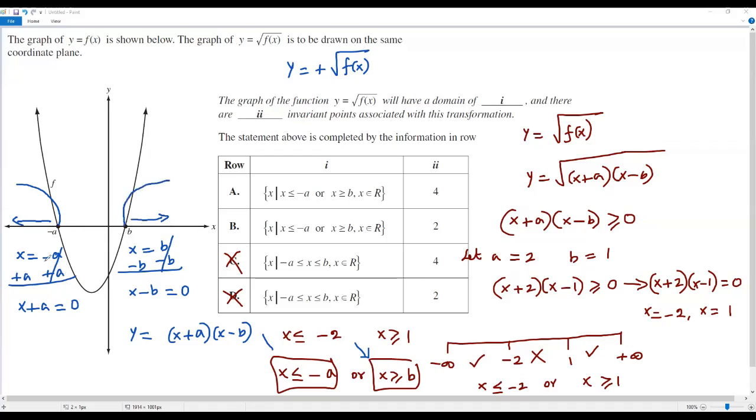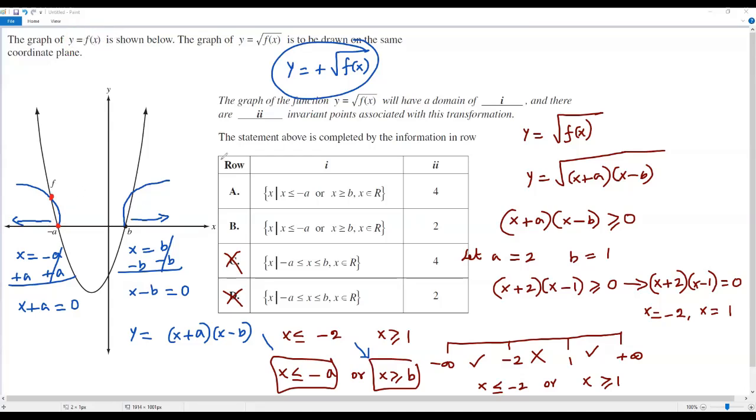Okay, now how many points do the graph of the function y equals square root of f of x and the original function y equals f of x intersect? So the graph of y equals square root of f of x and y equals f of x intersect in 2 points here. The parabola is the graph of the original function.